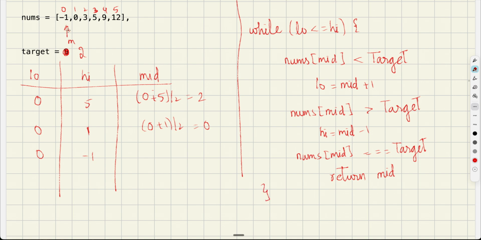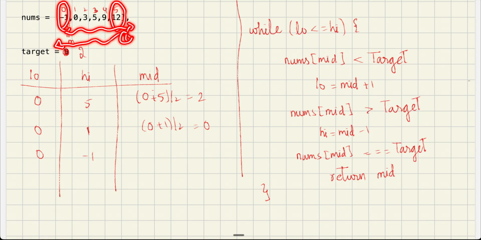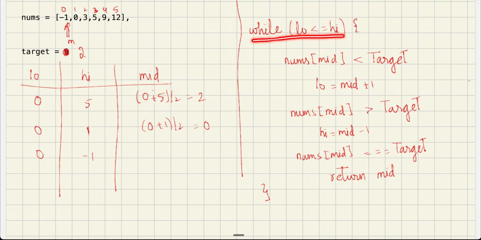Because if low is pointing to the lowest index and high is pointing to this, if my high is moving this side and low is moving this side, whenever they cross a point, that means you have already traversed all the elements and there is no answer. So basically your condition should be this. Now once this is done, if you still did not find an answer, you should return minus 1, right? This is the binary search algorithm.